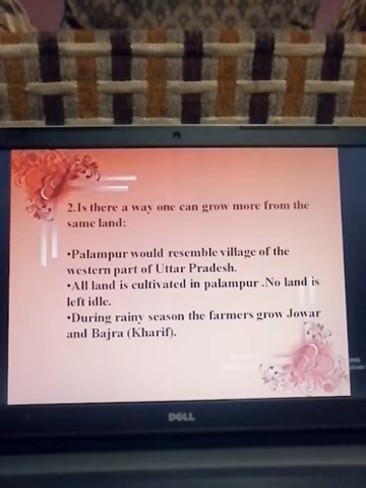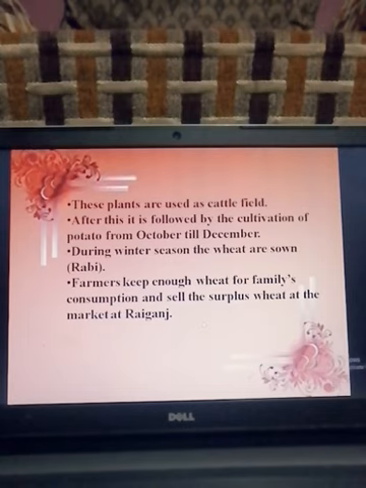For example, take the whole year. When they start in the rainy season, the farmers grow jowar and bajra, which are kharif crops. These are grown during the rainy season because they require more water. After that, these plants are used as cattle fodder. Once they are grown and everything is done, their remaining parts are used for cattle feeding.